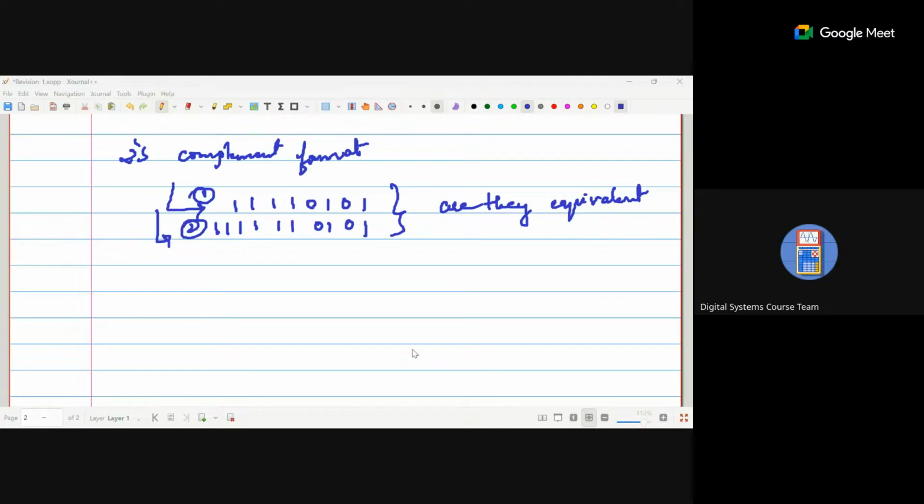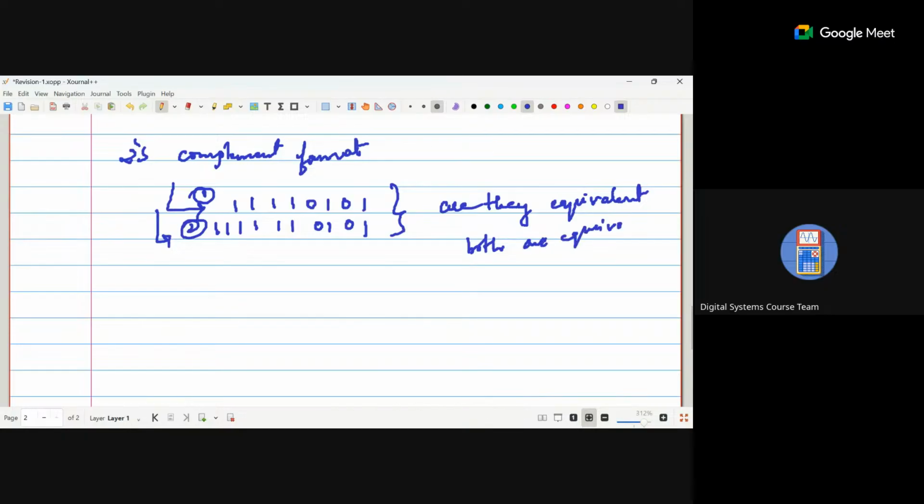You have to find if they are equal or not. Can you solve this and let me know if they're equivalent or different? Yes, ma'am, both are equivalent.